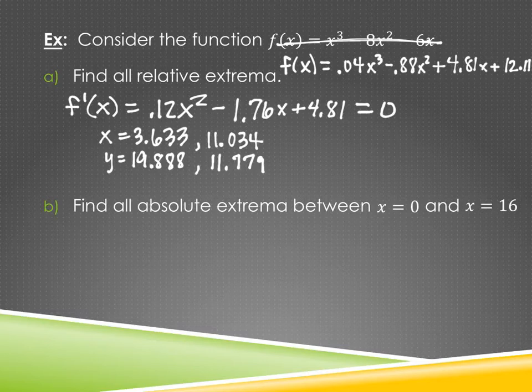You can either manipulate the y value max to be higher, or you can hit zoom 0, which is a zoom fit, and it will automatically be higher. This isn't a super great window, but you can see right here that there's a maximum right there on the first one, and then it dips down just a little bit to give you a minimum over here. So that x equals 3-point number is the max, and the 11-point number is the min.